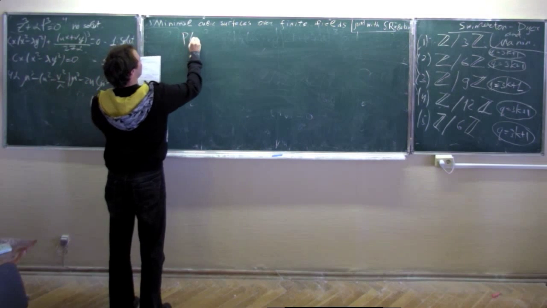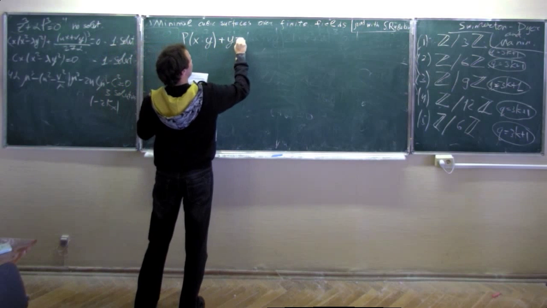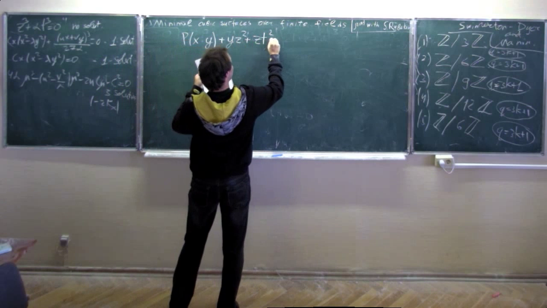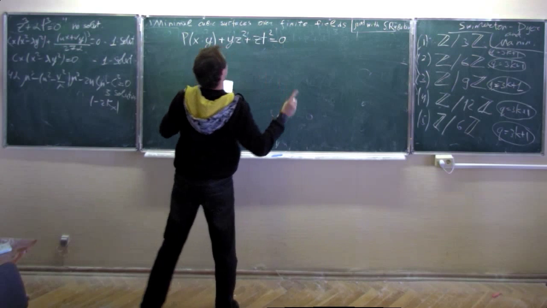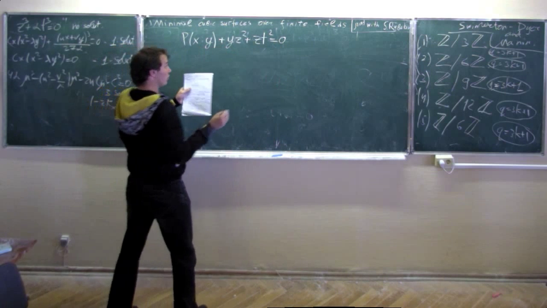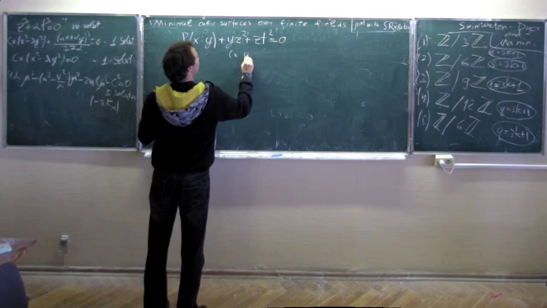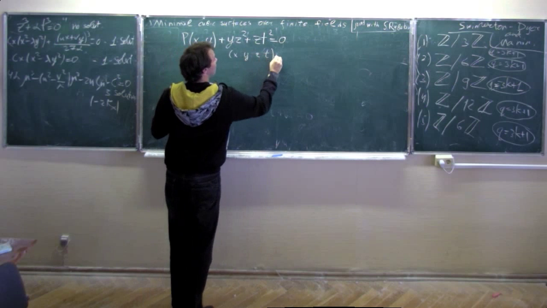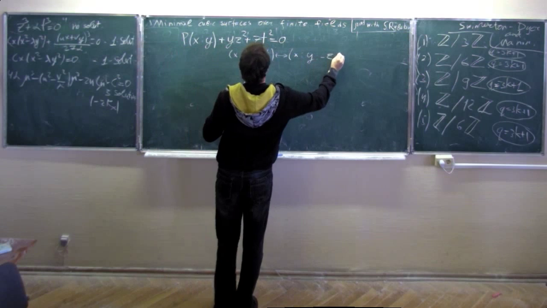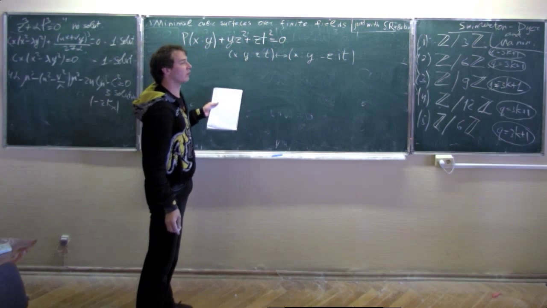This is a cubic surface given by xy plus yz squared plus zt squared equals 0. What do we have in this situation? We have an element of order 4 acting on this surface: x, y, z, t maps to x, y, minus z, i t, where i is the fourth root of 1.